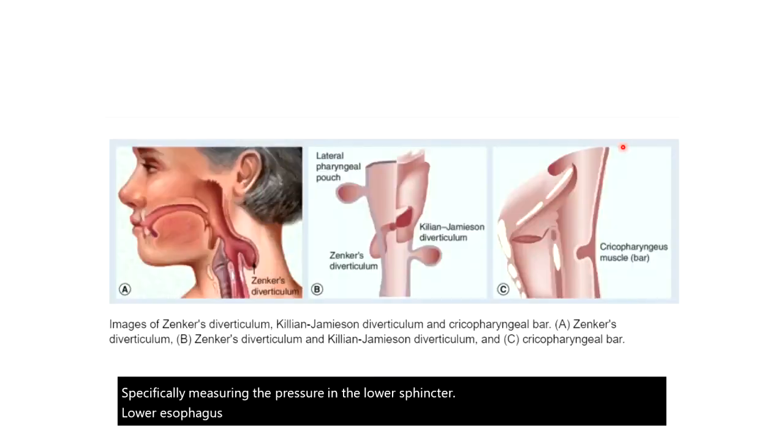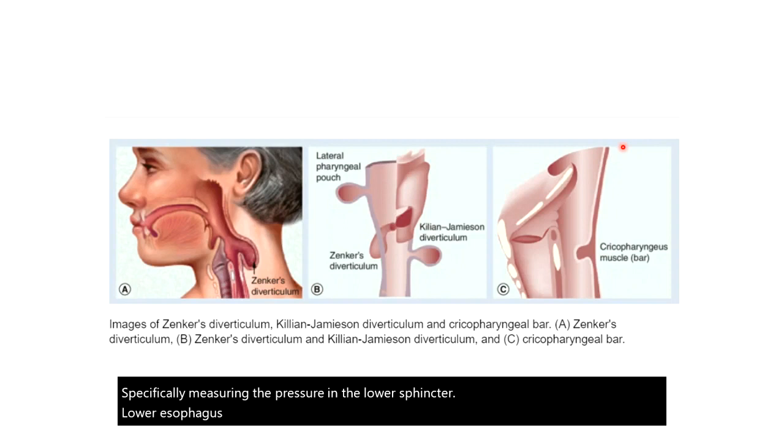Other disorders in the esophagus have to do with the presence of a diverticulum. In this case, we call it Zenker diverticulum. It's a diverticulum located in the hypopharynx, caused by an anatomical problem in the cricopharyngeal bar.